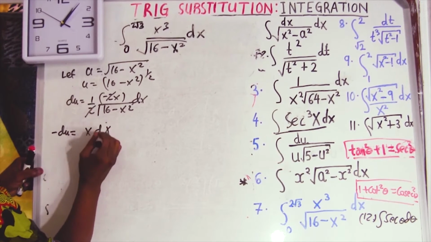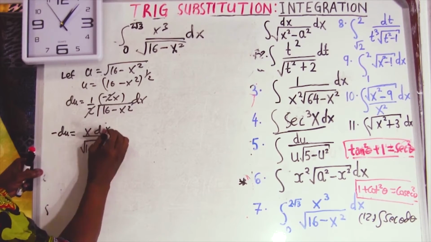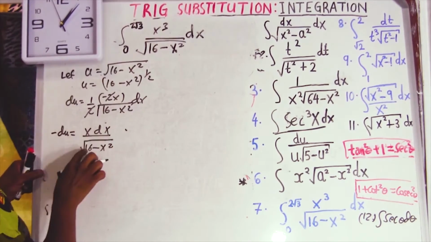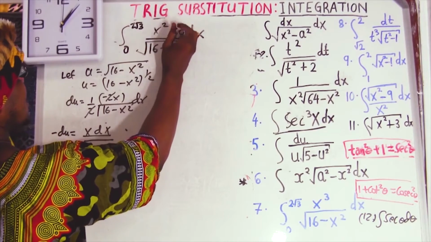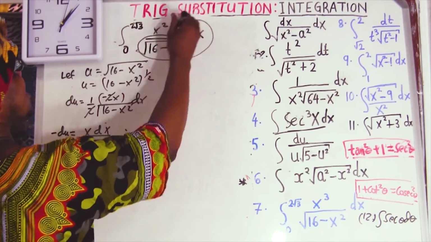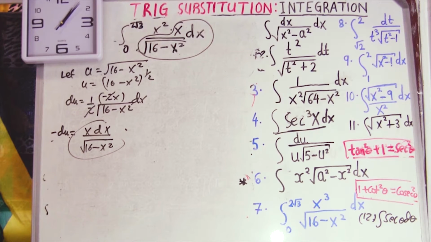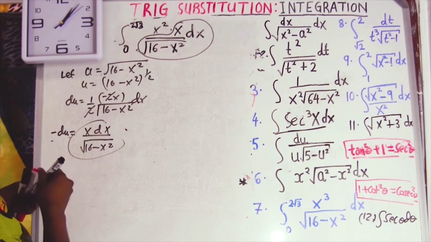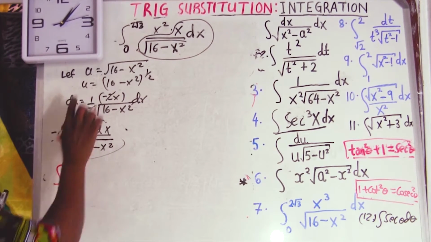Okay. Can't you see x dx? If I separate this x, it means negative du. Leave your limits for now.